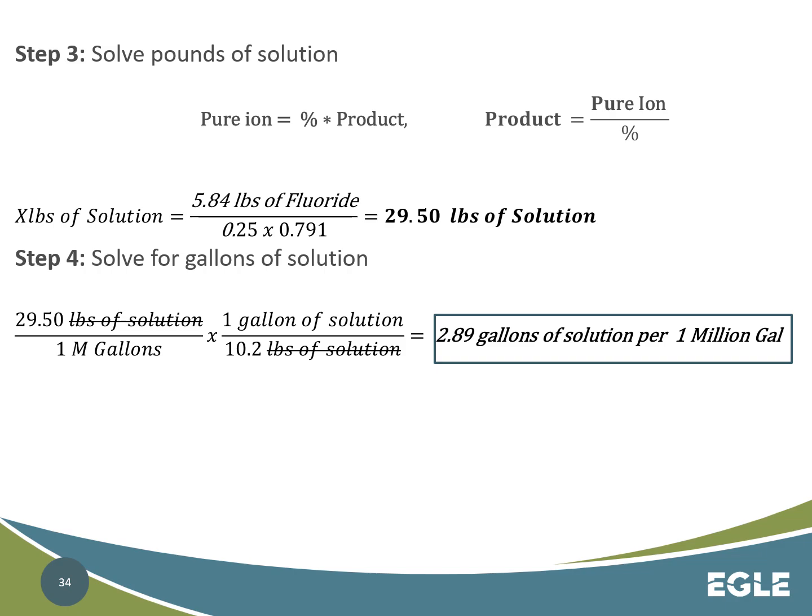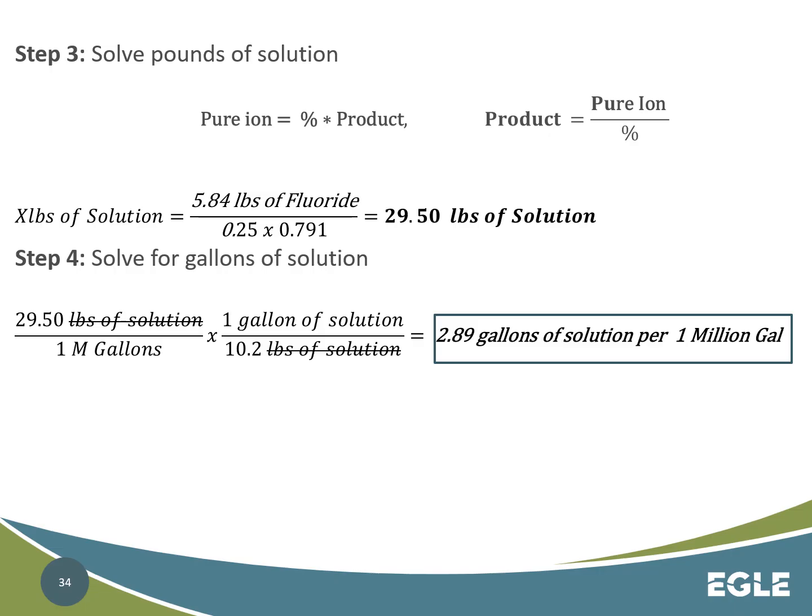We then choose the correct equation, which is product equals pure ion divided by percentage. We have the pure fluoride pounds. For the percentage, for these fluoride calculations, if you're not given a percentage of pure fluoride ion in the overall solution, then you will have to multiply the percentage of hydrofluorosilicic acid by the percentage of pure fluoride in the molecule of hydrofluorosilicic acid.